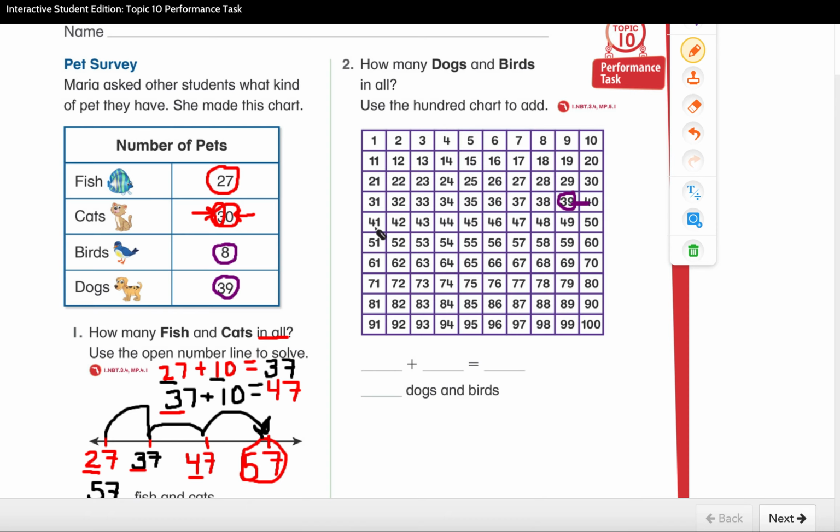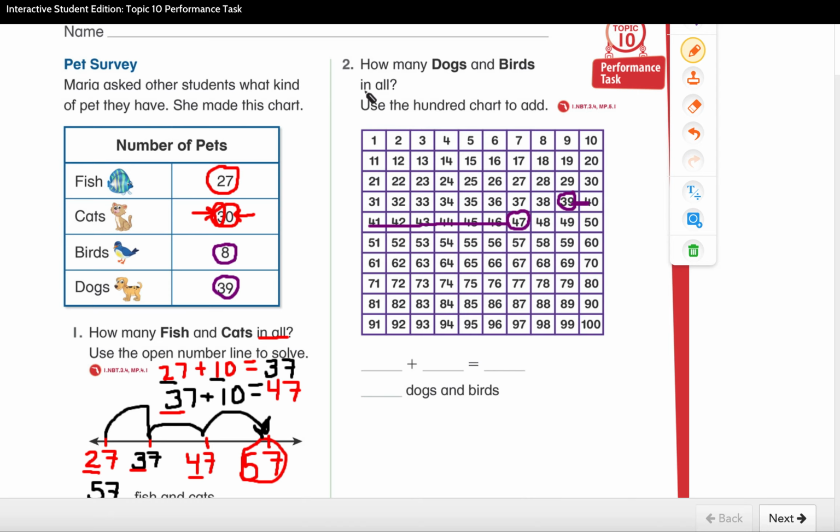Now go to the next row. 2, 3, 4, 5, 6, 7, 8. And what is the number that we ended up on? 47. Good.